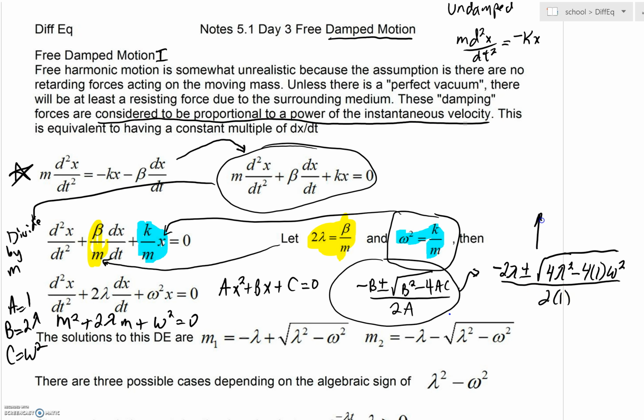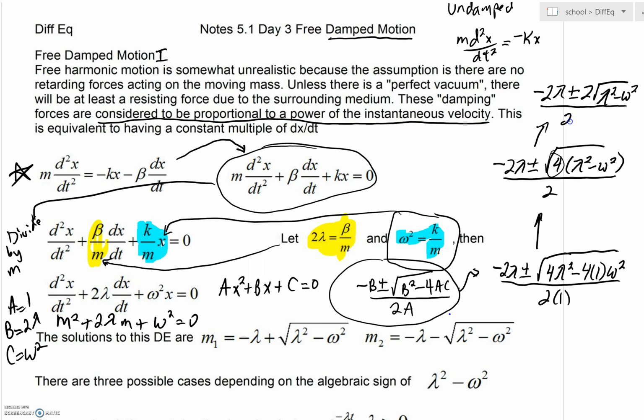If we continue to simplify, we could very quickly realize that we can factor out a 4 from both of these. And the square root of 4, of course, is a 2, so then we'd have negative 2 lambda plus or minus 2 times the square root of lambda squared minus omega squared, all over 2.